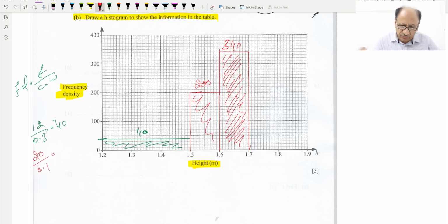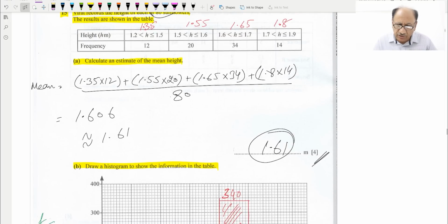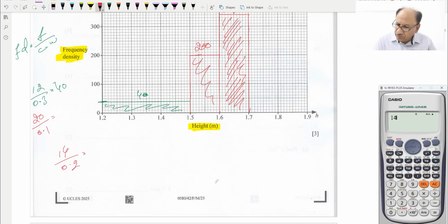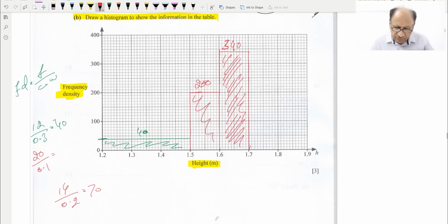340, this one. And the last one is from 1.7 to 1.9, and class width will be 0.2 and the frequency is 14. So 14 divided by 0.2 will be how much? 14 divided by 0.2 will be equal to 70. So 70 will be up to this point.